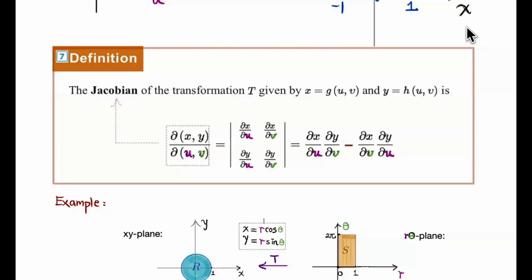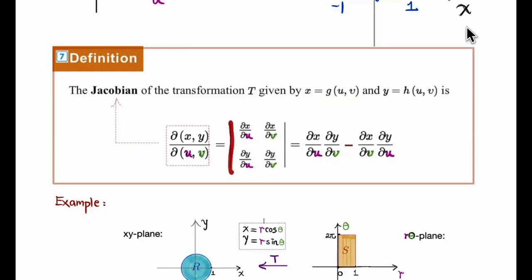Now, if we have a transformation T given by x equal to a function of u and v, y equal to a function of u and v, then the Jacobian of the transformation is given by the determinant of this 2 by 2 matrix, with the first row consisting of the partial derivative of x with respect to u, and then the partial derivative of x with respect to v, and then the second row will be the partial derivative of y with respect to u, partial derivative of y with respect to v.